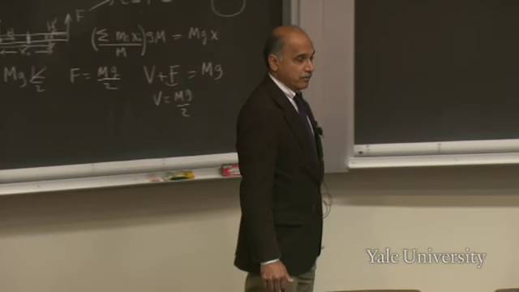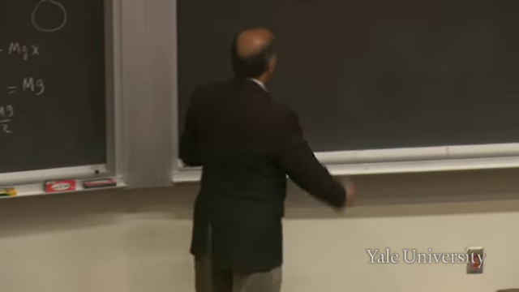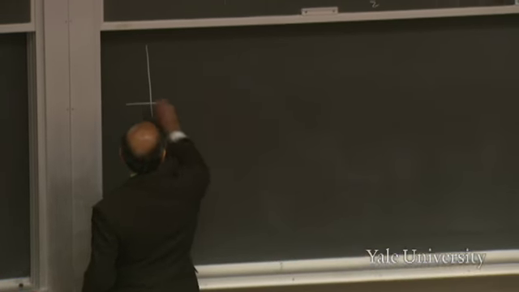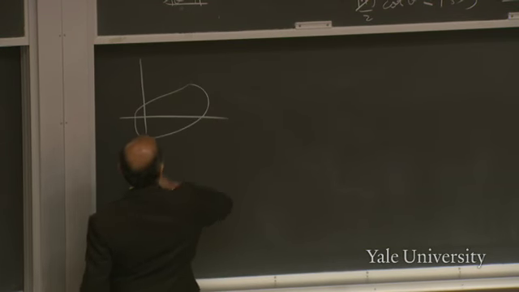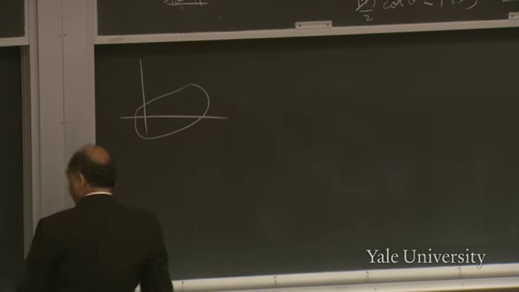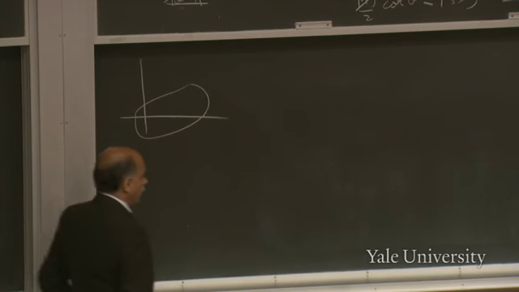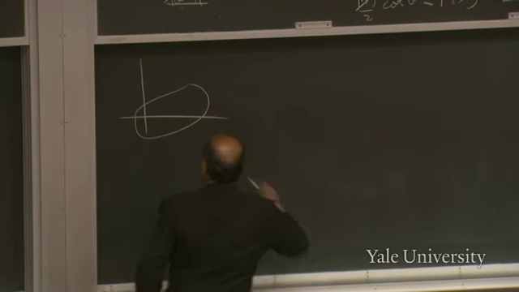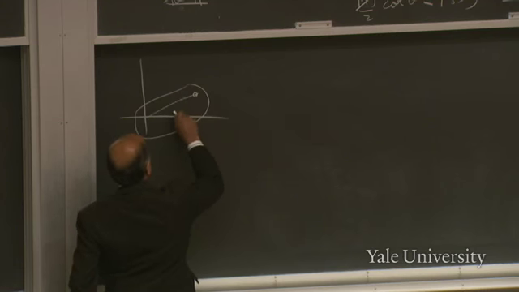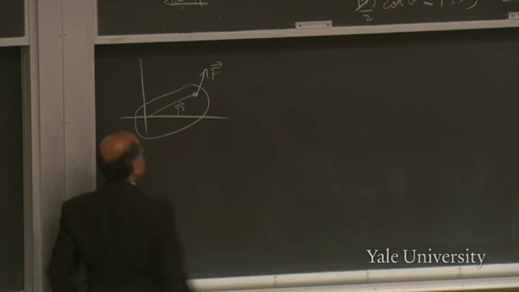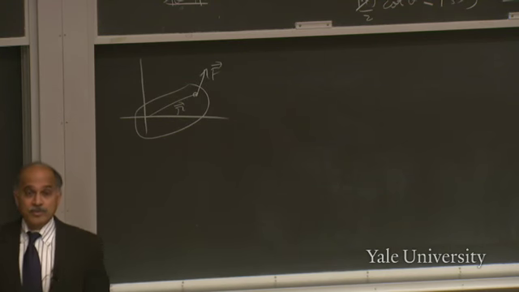So let me motivate the problem we have. Suppose I have a body in the xy plane, right? It's a sheet of metal or something, and it is spinning, and a torque is applied here. This is R, and a force F is applied here. This is the kind of problem we've been studying.